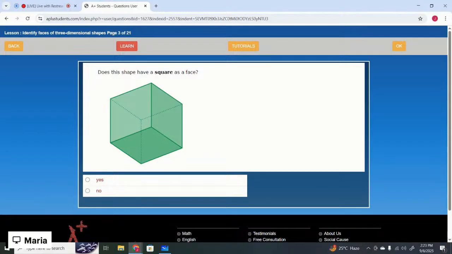Does this shape have a square as a face? Yes, all the faces are square, right?